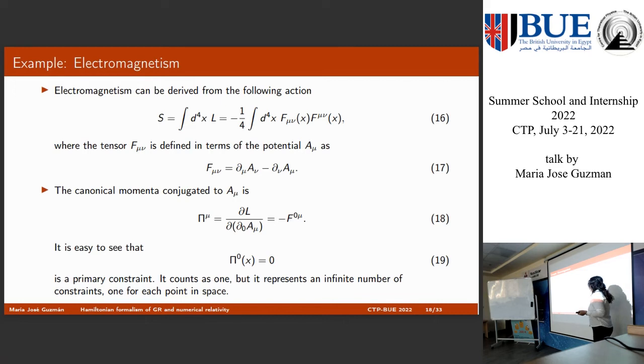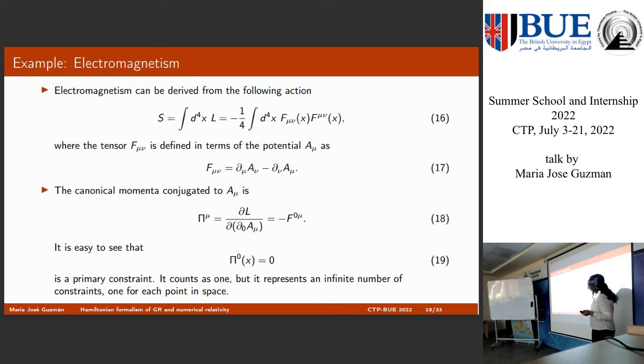You define the canonical momenta conjugate to your coordinates. Your coordinates are the electric and the magnetic potential, and the canonical momenta are the variation of the Lagrangian with respect to the time derivative of this coordinate. Then you obtain the 0 mu component of this tensor.